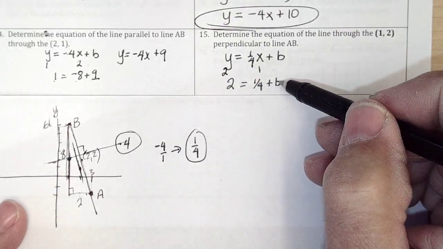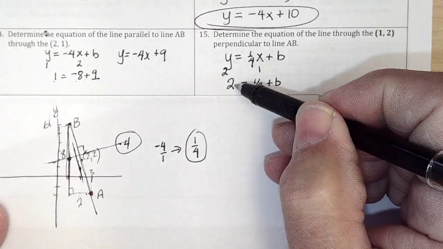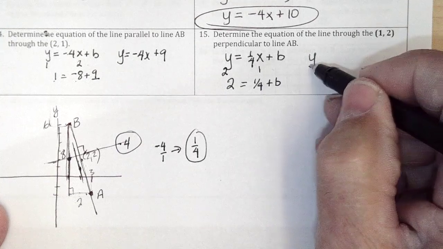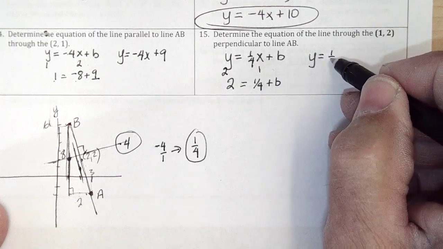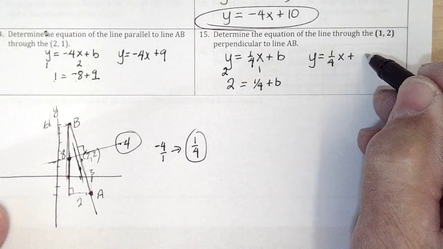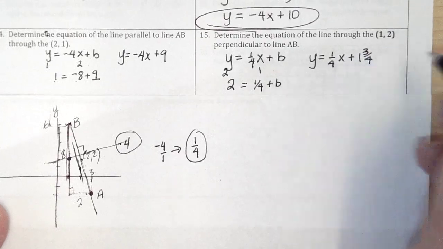Well, it looks to me like that would have to be 1 3/4 to add up to 2. Or you can subtract 1/4 from 2 and you get 1 3/4. So the equation would be y equals 1/4 x plus 1 3/4.